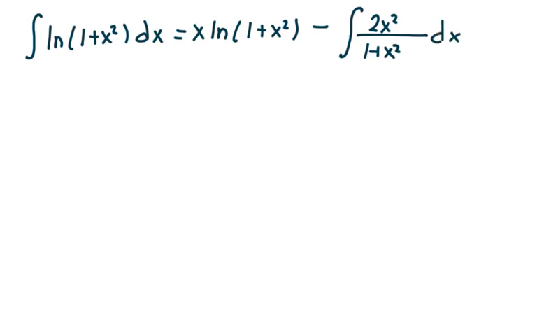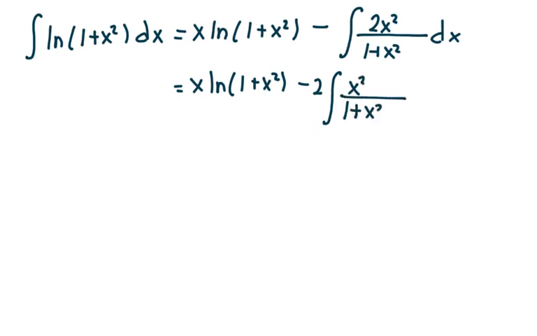So we get x natural log of 1 plus x squared minus 2 times the integral of x squared divided by 1 plus x squared dx.